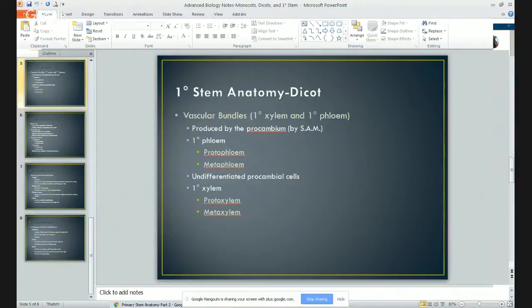That makes sense, since the procambial meristem produces the xylem and phloem, so the newer formed phloem and xylem is closest to the procambial tissue. So you've got protophloem, metaphloem, your layer of undifferentiated procambial cells, and then I probably should have reordered this on your notes. It should probably read metaxylem and then protoxylem if you want to go in order.